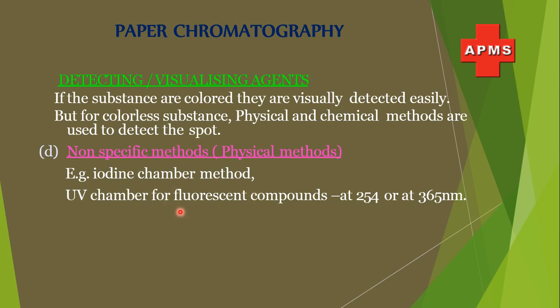So they can easily be visualized in these UV chambers. And in the iodine chamber, iodine is put inside the chamber, and the developed plate or developed paper is put inside it. Then the iodine vapors present in the chamber make the invisible points or spots visible.